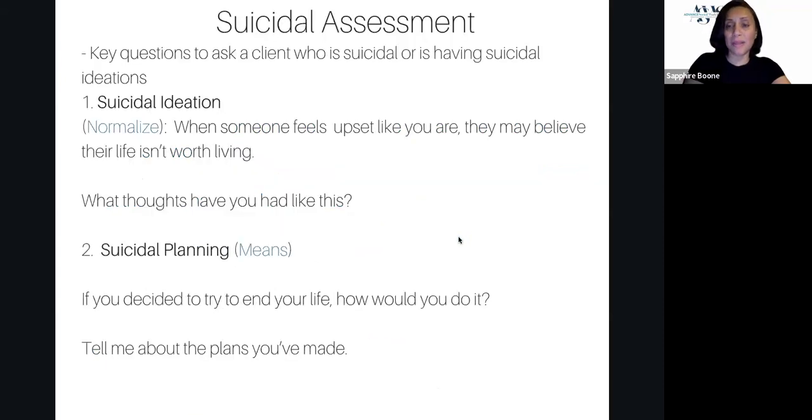A suicide assessment. We went over this during our safety class, but I just wanted to remind and give a quick overview again, because we're talking about assessment, and suicide assessment is part of what we do. We do know that this is going to be a safety question, but sometimes it may ask you to do one, or sometimes it may ask you about what are the steps in that assessment.